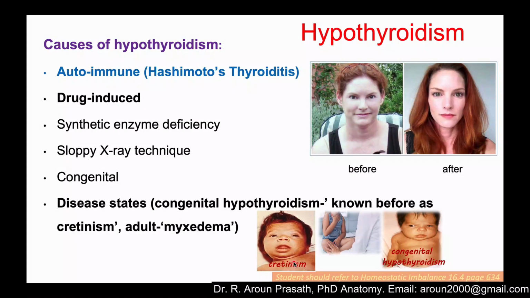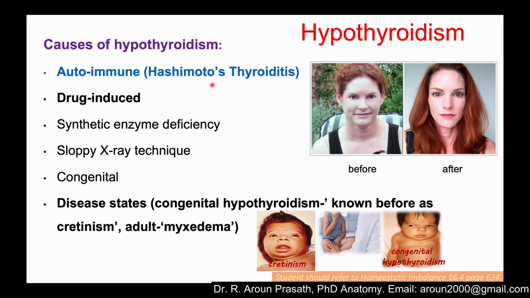If there is less secretion of the thyroid gland, we call that hypothyroidism. There are many reasons to get hypothyroidism. One is Hashimoto's thyroiditis, which is autoimmune. Some autoimmune diseases cause inflammation of the thyroid cells, and that is called Hashimoto's thyroiditis.